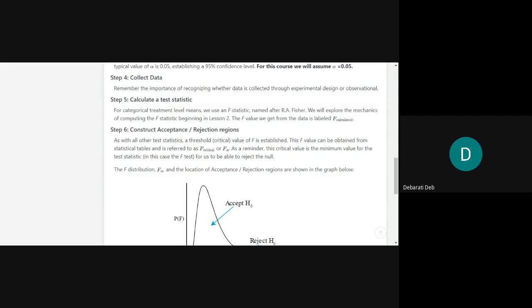I'll teach you the meaning of experimental design also. But for now, if it is an observational study, then you just go to your subject area, the area which you have selected, and observe things, observe people, observe behavior of the people, observe behavior of the environment. Just go and observe.